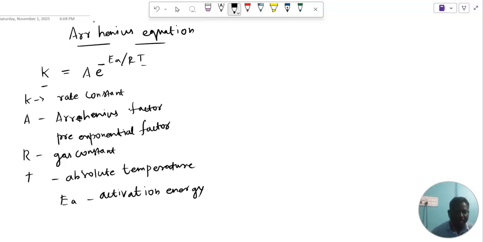So now we can derive the expression at two different temperatures to show how it changes with change in temperature.